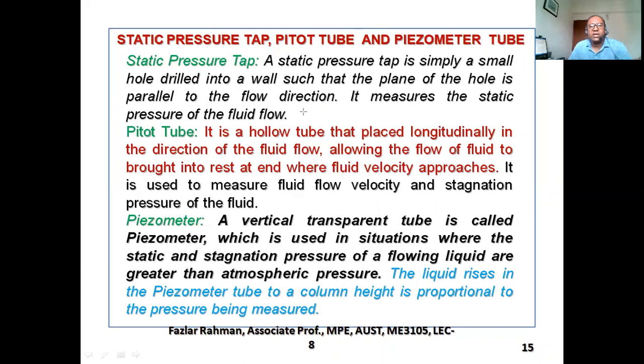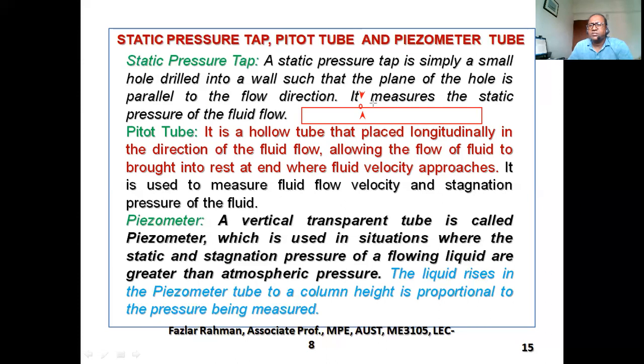For example, you have a pipeline. If you make a hole at the surface, then through the hole two things work. Fluid pressure will work upward toward the hole, and atmospheric pressure works downward.